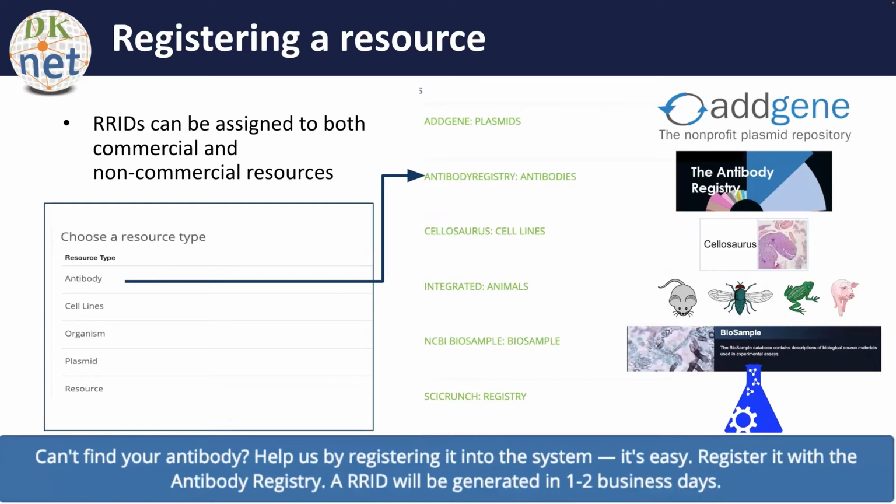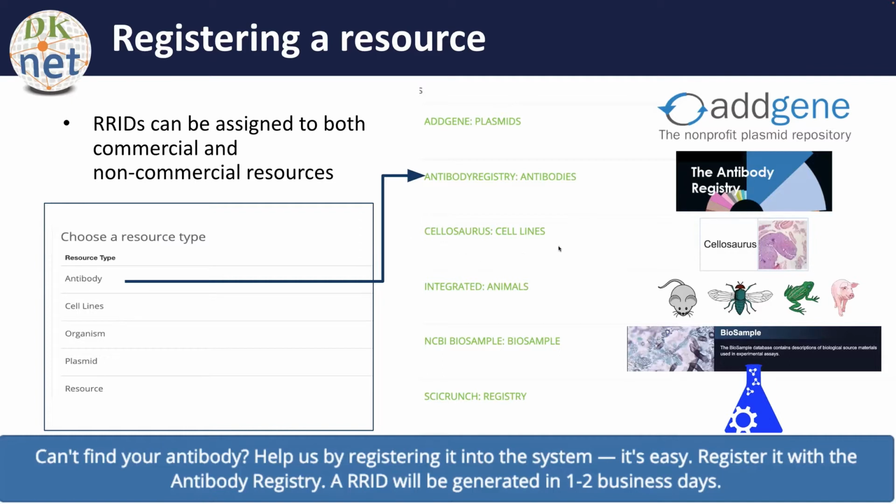So, there are a number of ways that we provide links to register the resource. For example, if you have an antibody that you're using that may not be in the antibody registry yet, or something that is being developed, you can go to the antibody registry and register an antibody, and that will be curated and ready in a few business days for your use. Same thing with the SciCrunch registry, which is a registry of tools, software and databases.